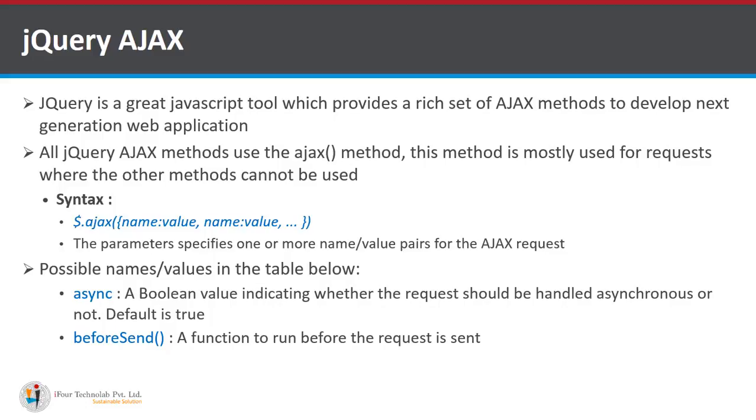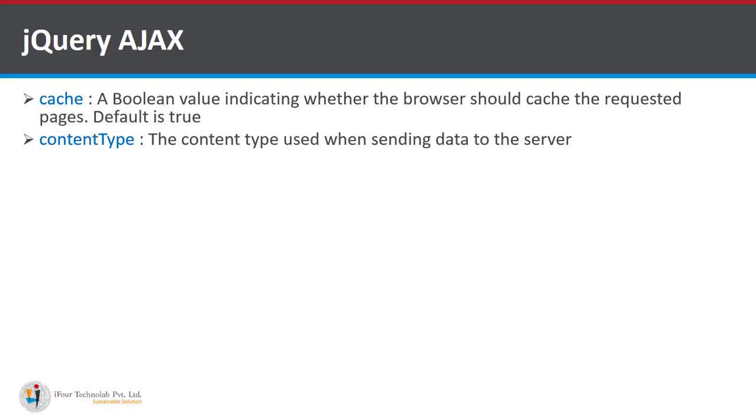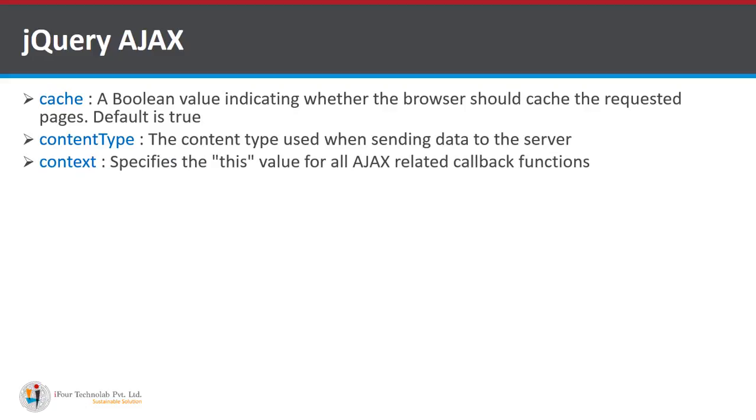Second one is beforeSend, a function to run before the request is sent. Next is cache, a boolean value indicating whether the browser should cache the requested pages or not. By default, cache is true. Content type, the content type used when sending data to the server.